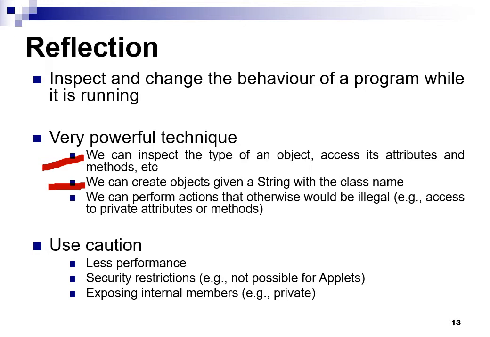So for example, we can ask from the console what is the type that you want to instantiate, and then the user types in a class name, and then we can instantiate an object using that string, or we can even access private attributes or methods using reflection.